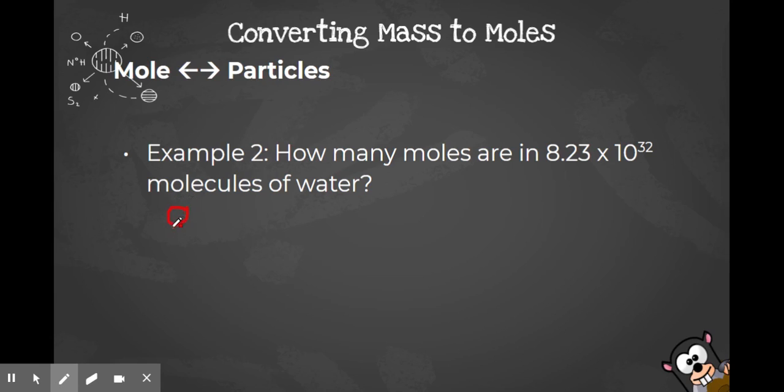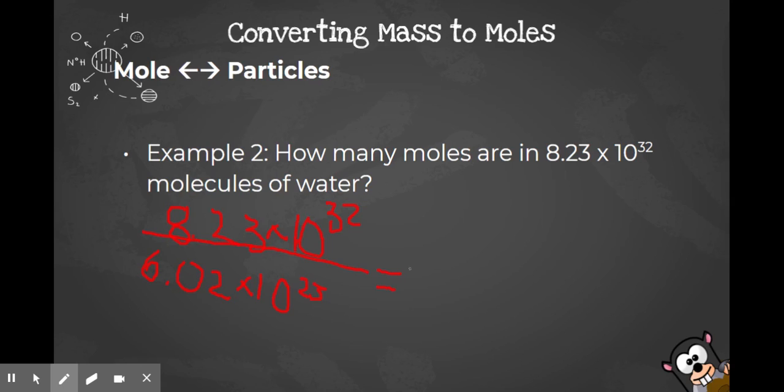So I'm going to take 8.23 times 10 to the 32 divided by, and the conversion factor number is always the same, 6.02 times 10 to the 23rd. That will tell me how many moles are in 8.23 times 10 to the 32 molecules.